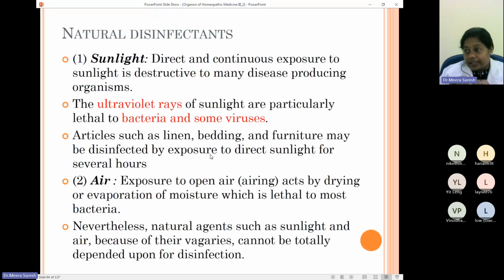It will cause the drying or the evaporation of the moisture. When you learned microbiology, you might have learned that most of the microorganisms which cause disease to human beings require humidity, because they are able to survive in an atmosphere in which a human being can survive. That is how they are going to infect us.